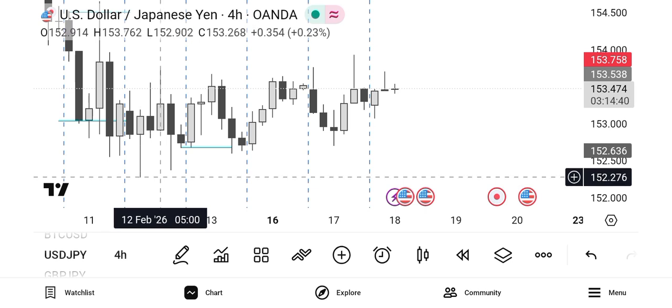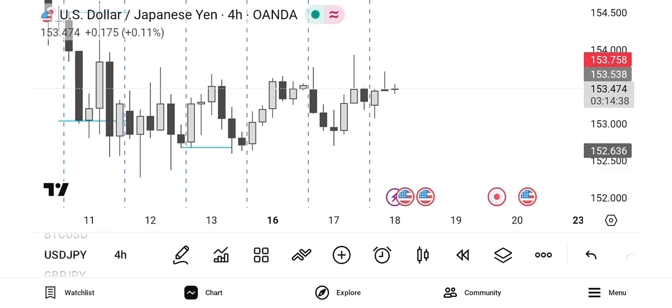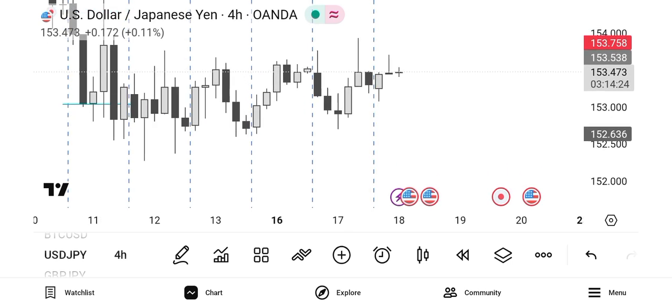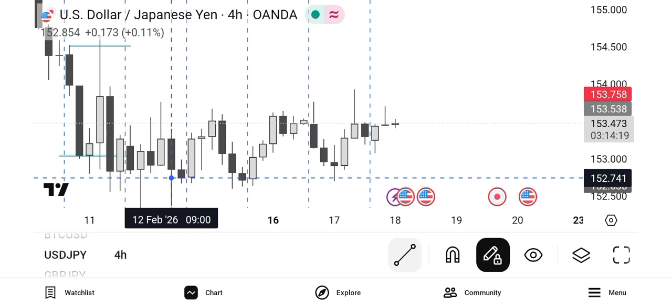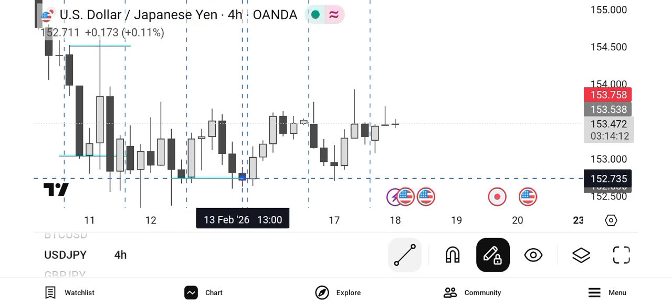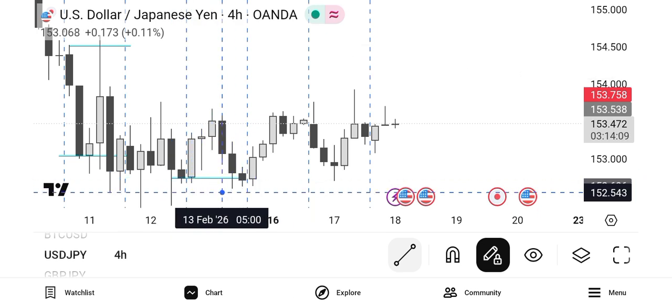So if you can't identify that liquidity sweep, the easiest way is to take a look at a rejection block, which was this one down here. That was a rejection block. That was one of your POI.